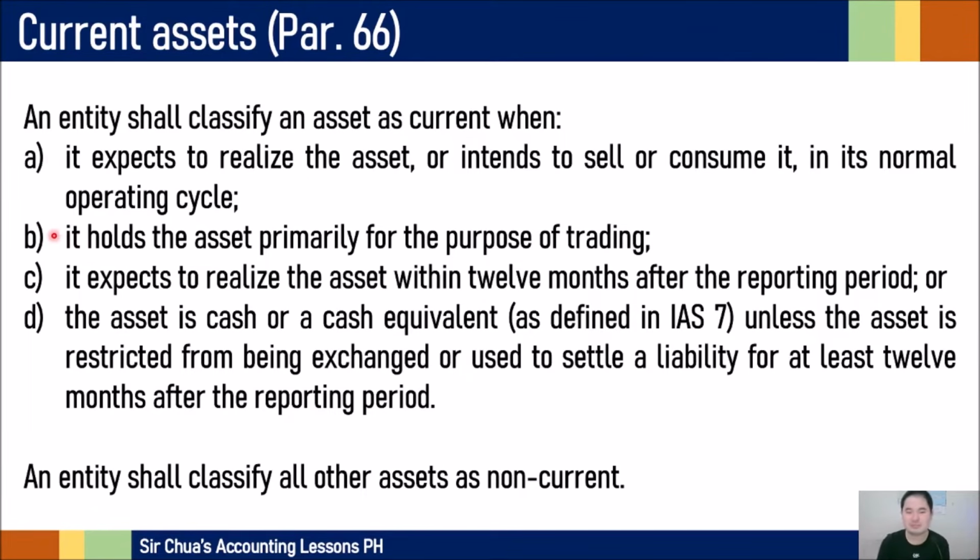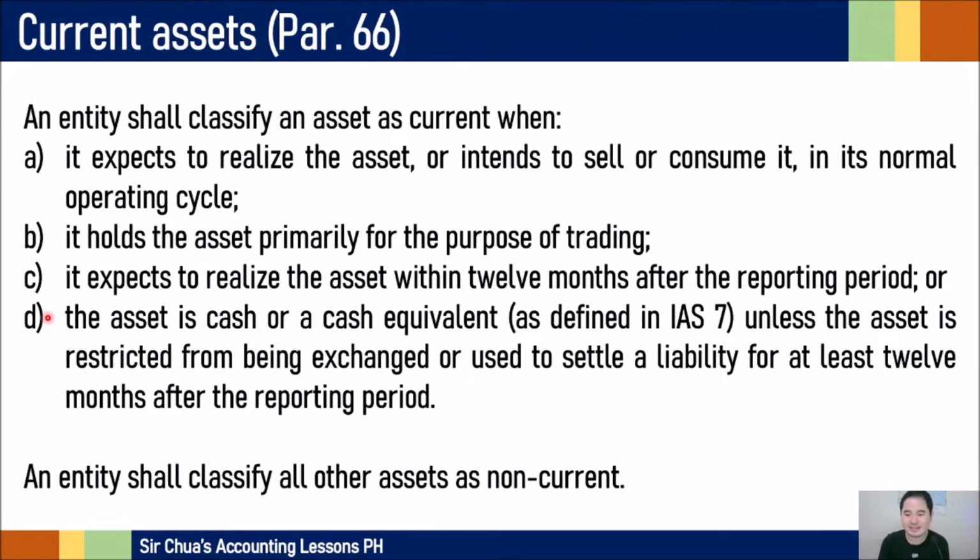The asset is primarily held for the purpose of trading. Like your best example of that is inventories. Di ba? It expects to realize the asset within 12 months after the reporting period. Pasak po siya doon sa 12 months na yon. And then the asset is a cash or cash equivalent unless meron po siyang restriction. So basically, ang default natin sa cash, talaga naman po siyang current asset. Pero pag may restriction or hindi siya agad-agad withdrawable, di ba?